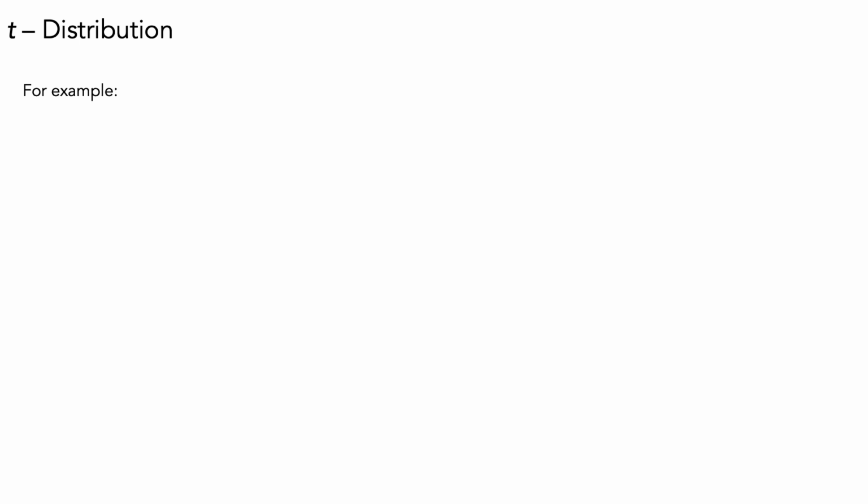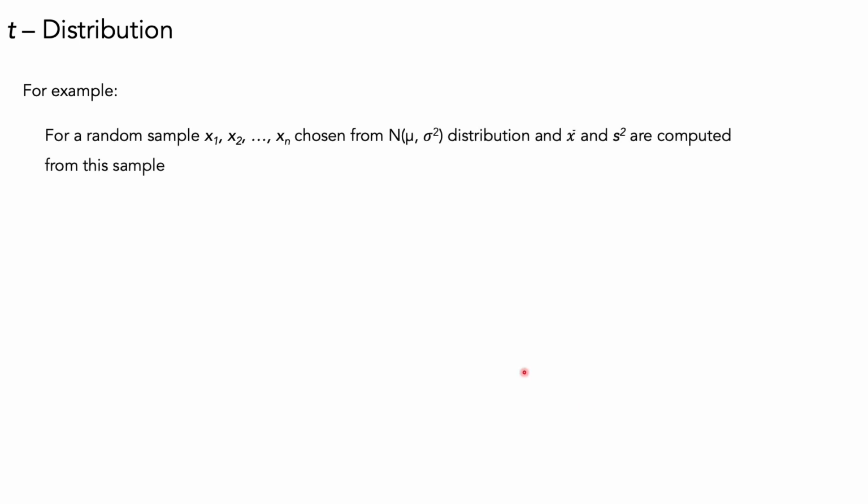For the t distribution, we consider a sample which is collected from a normal distribution, this one, and from this sample we have derived two statistics. One is the sample mean and the other is the sample variance. These are computed from this sample.